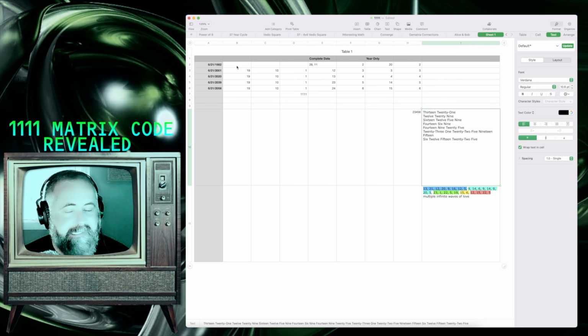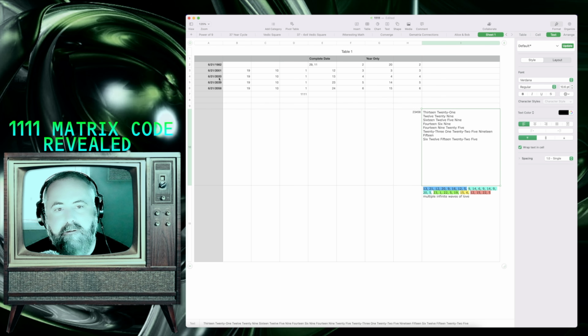Why from 1982 to 2058 are we having them in 19-year cycles? I'm going to show you the math, folks, and this is crazy. From 1982 to 2001 gives us the first 19-year span. From 2001 to 2020, we have the next one.